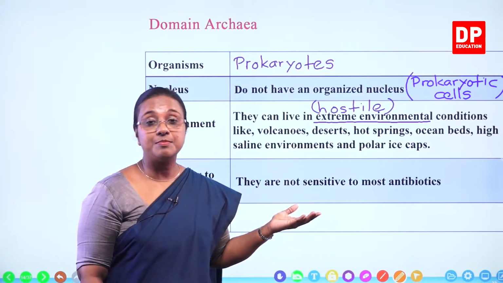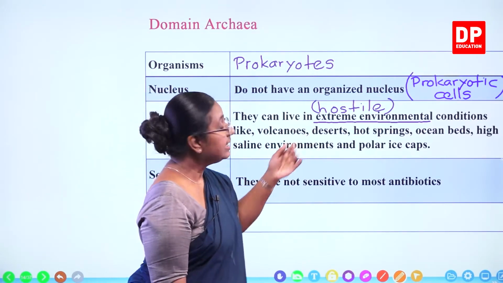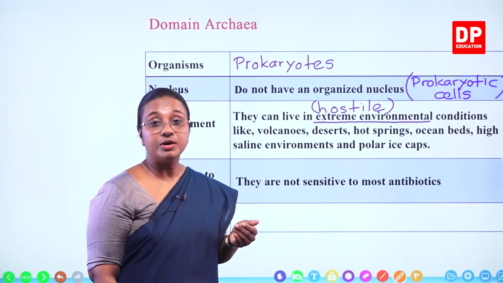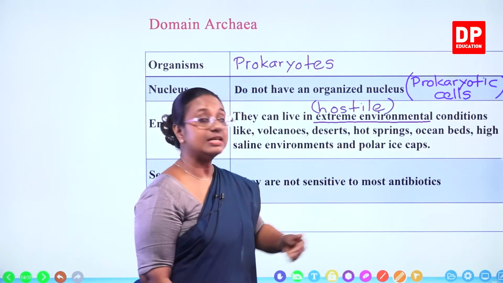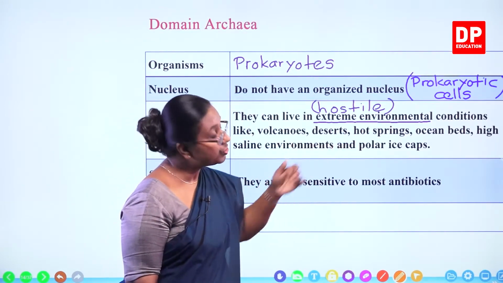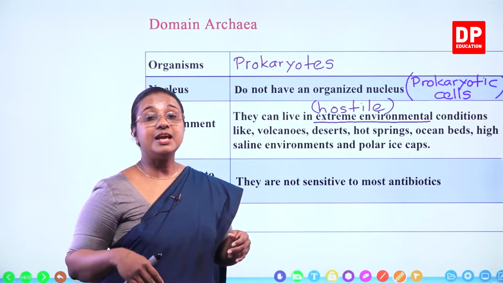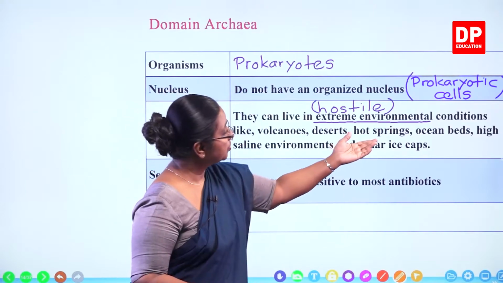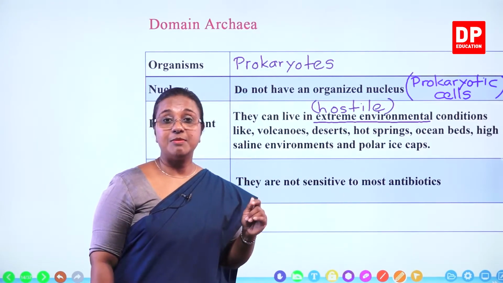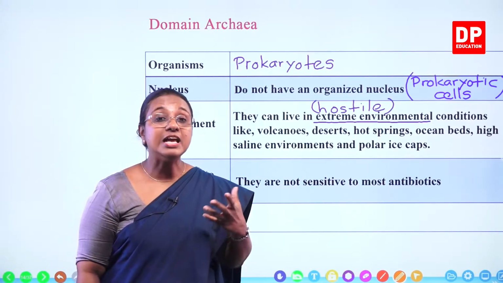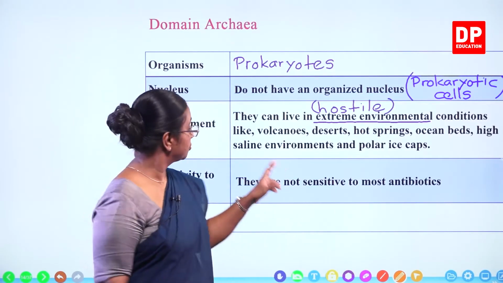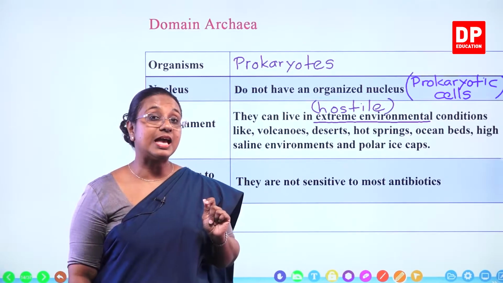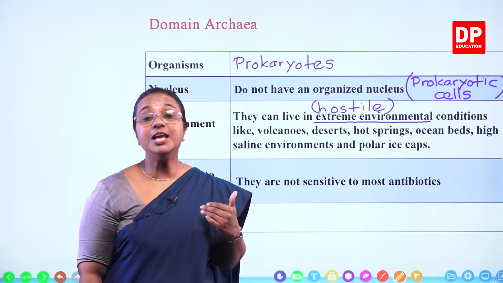So what is the extreme condition there? Volcano: very high temperature, lava. Deserts: very, very dry, no water or a very low amount of water. Hot springs: again very high temperature. Ocean beds: the depth is greater, sometimes the pressure is high, and the salinity is high. Then again, high saline environments are environments with very high salt concentration. And polar ice caps: the temperature is very, very low.